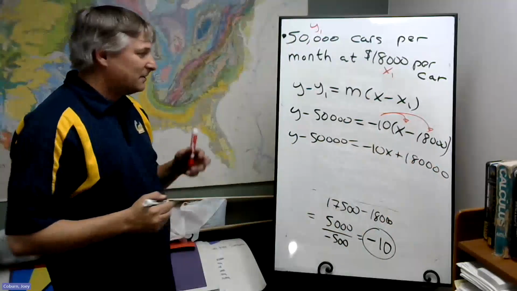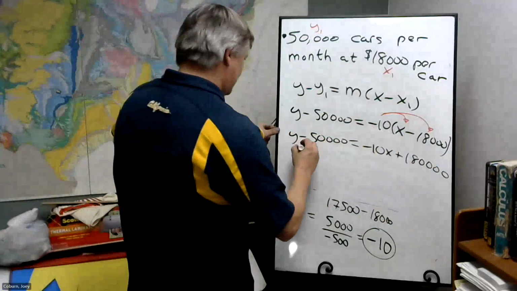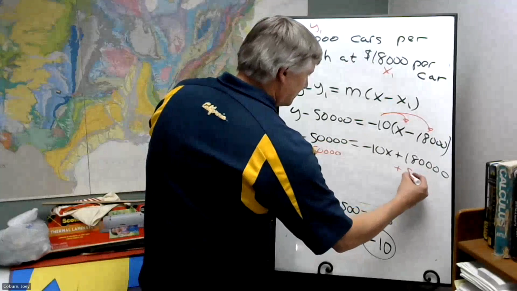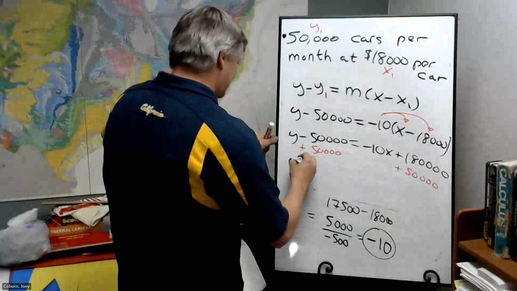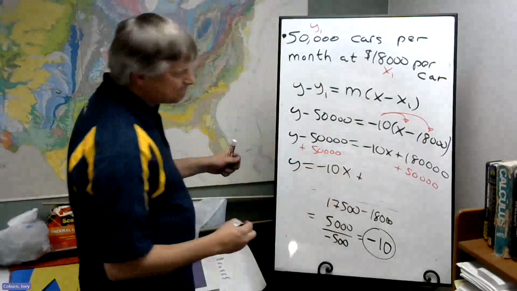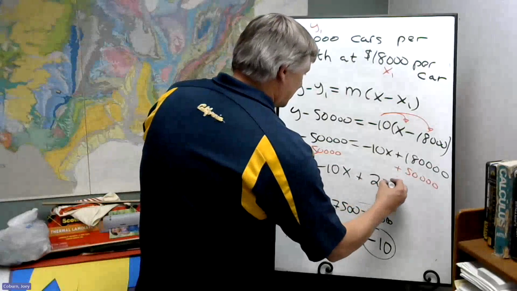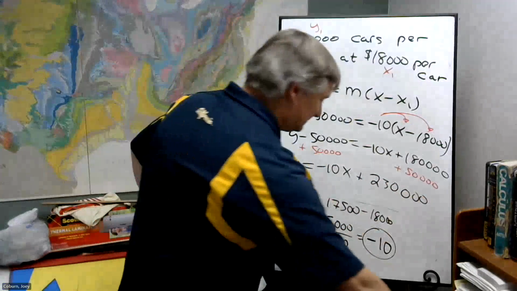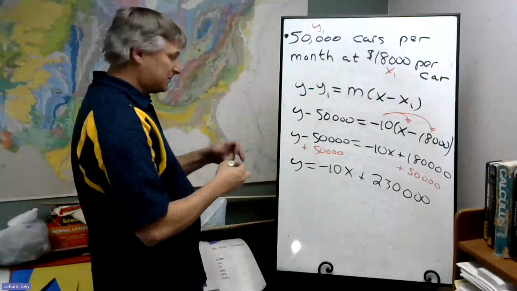And we get negative times negative is positive. Add the 50,000. And this will be, let's see, 230,000. And so that's the model we want to use.